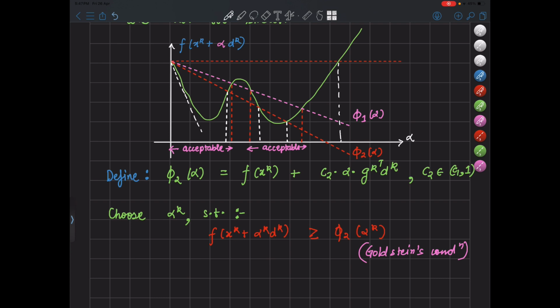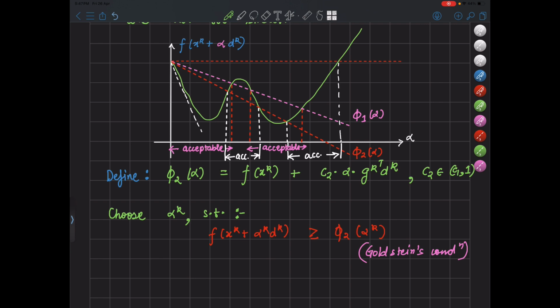So according to Goldstein condition, these are acceptable positions. For choosing the acceptable alphas, we need to follow both Armijo and Goldstein, so that there is sufficient decrease in function value, and the step lengths are also significantly large.